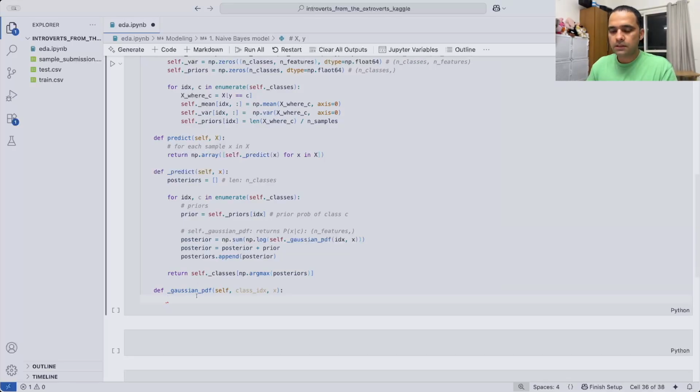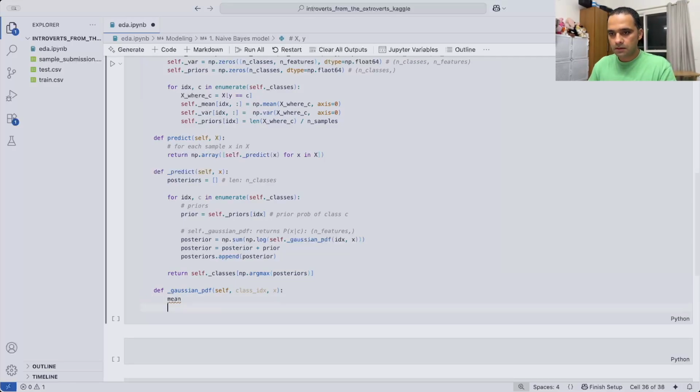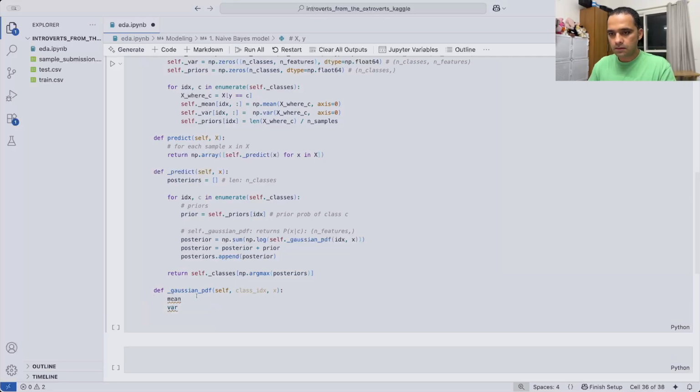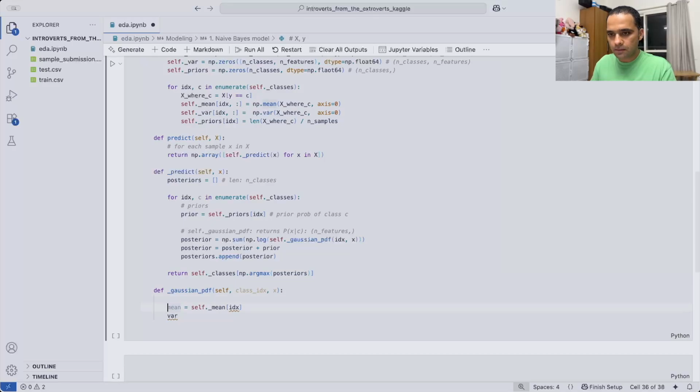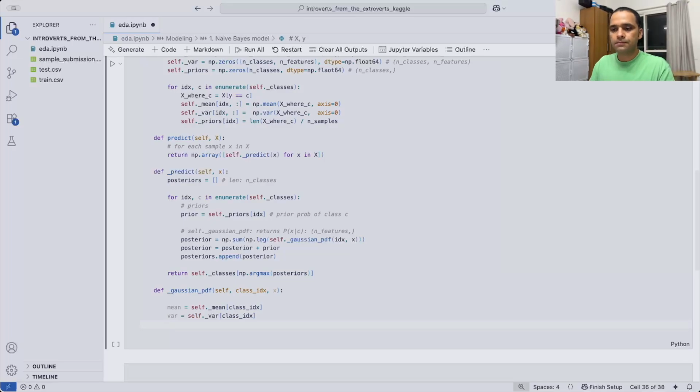To find the likelihoods, we'll need means and variables, and the mean is nothing but self dot underscore mean for that idx. Variance is self dot underscore var for that idx.